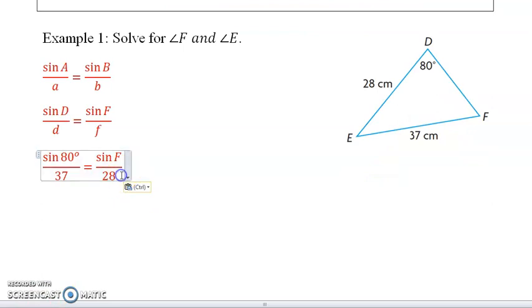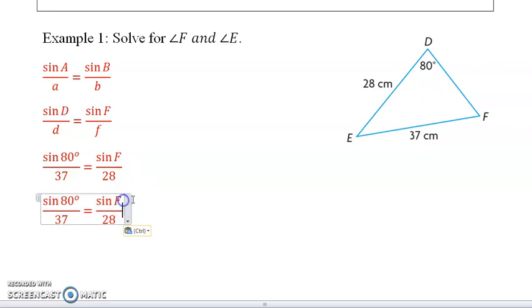So the first step, what we have to do is multiply both sides here by 28. Okay? So I multiply both sides by 28. What you do to one side, you must do to the other.